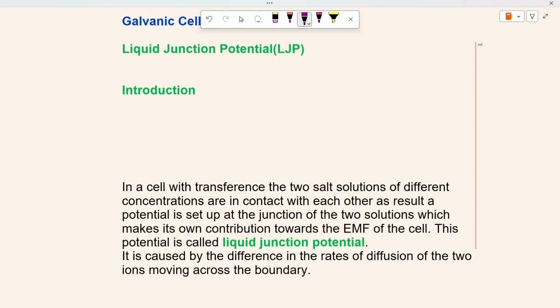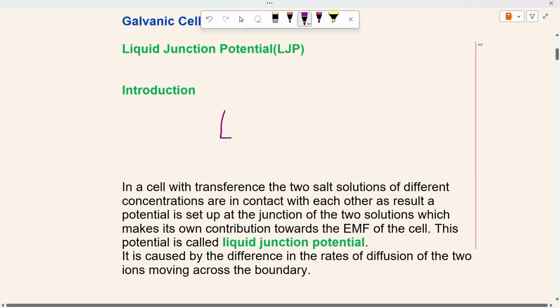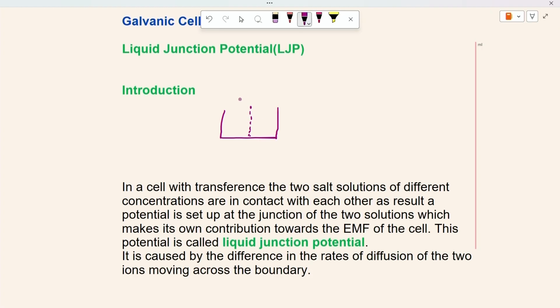So, suppose we consider two cells in which there is a partition which is porous and we have two electrodes inserted in the electrolyte solution.